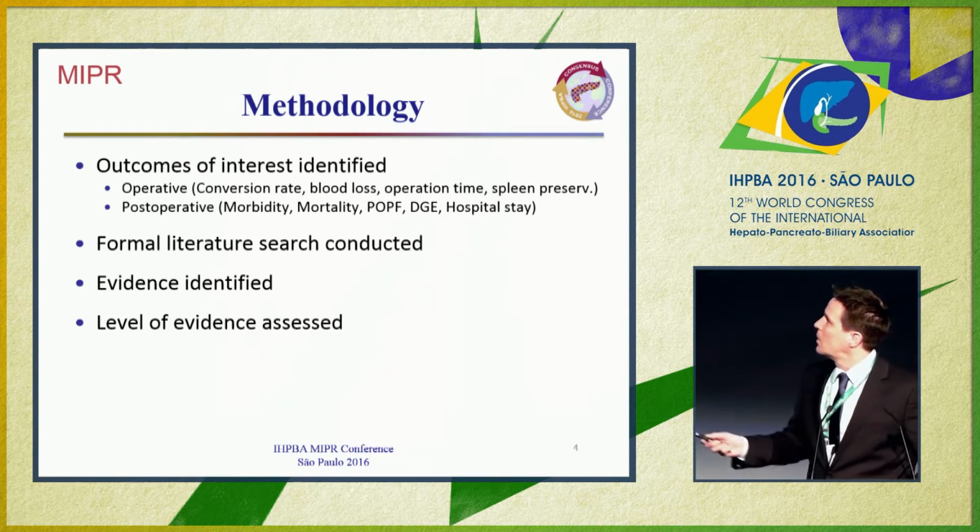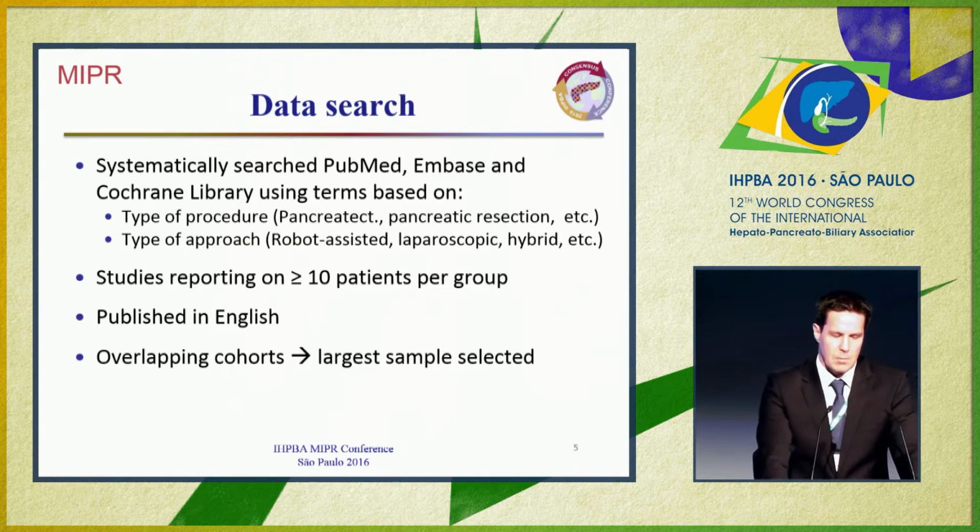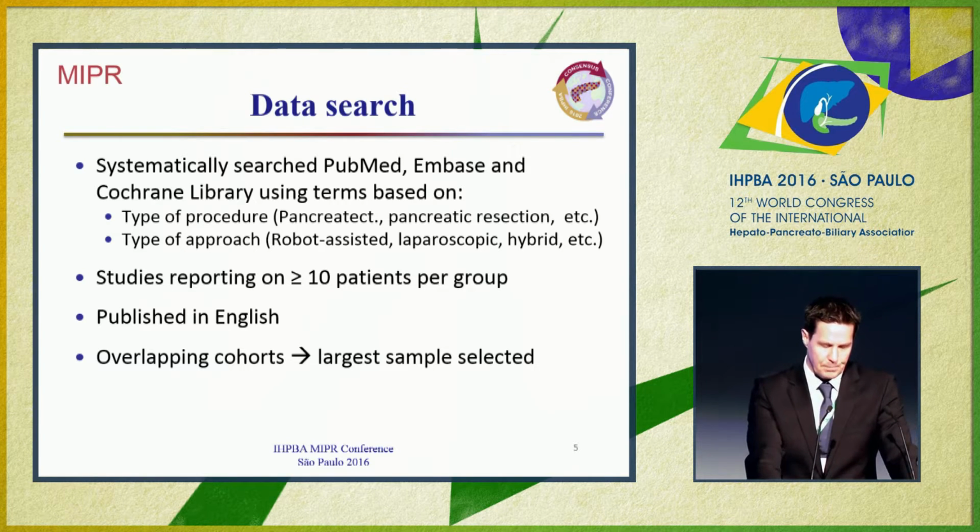They searched PubMed, Embase, and the Cochrane library to identify the correct type of procedure and the correct type of approach. We excluded, and I think this is good, studies reporting less than 10 patients. This is a common technique to get rid of very small case series and case reports.